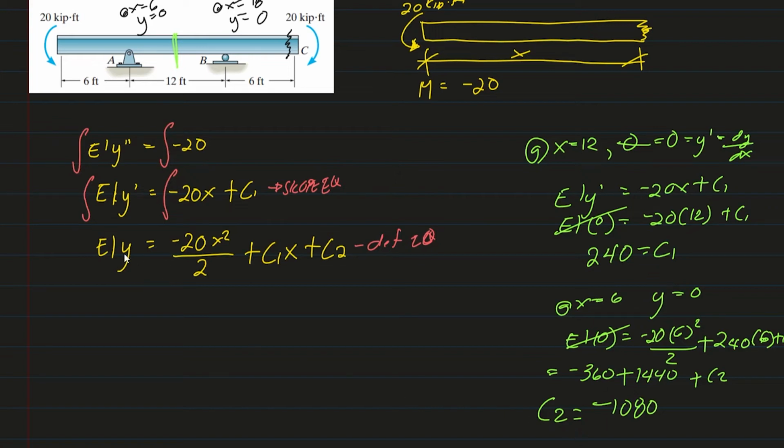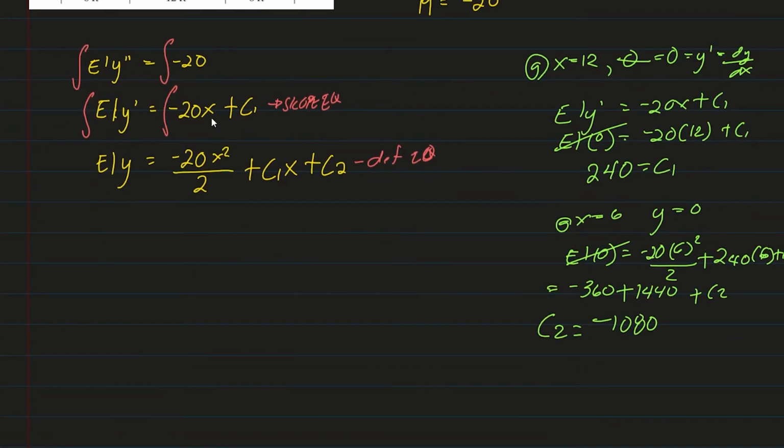So, finally, we can rewrite our slope equation and deflection equation without any unknowns, without the C1 and C2. So, rewrite ko lang ang ating slope equation. Slope equation, guys, would be equal to EI y prime is equal to negative 20x plus C1, which is 240.